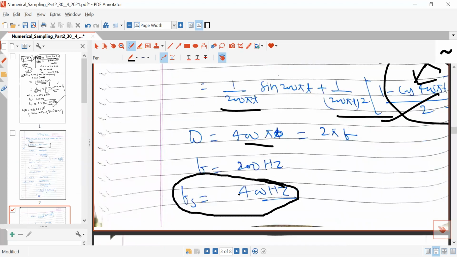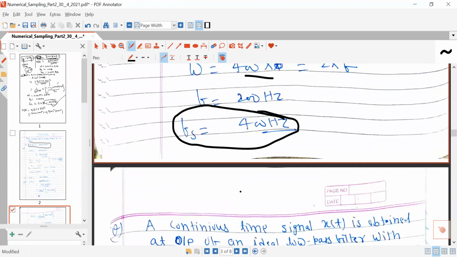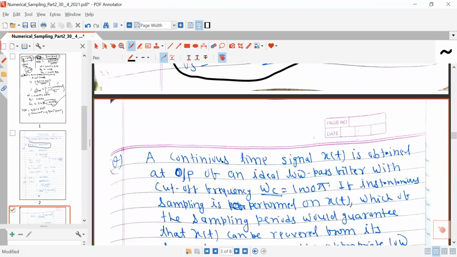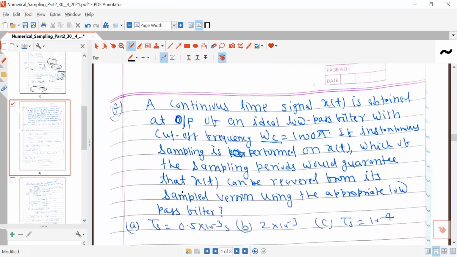Now I am going to discuss one more numerical example based on the sampling theorem. In this example, it is given that a continuous time signal xt is obtained at the output of an ideal low pass filter with cutoff frequency as given. So here is a concept.